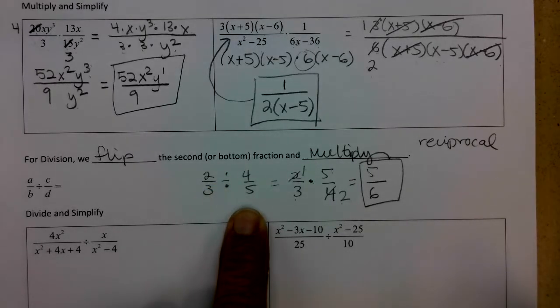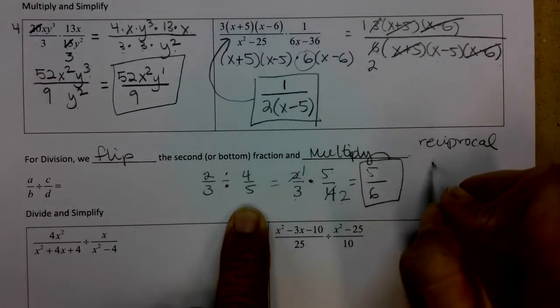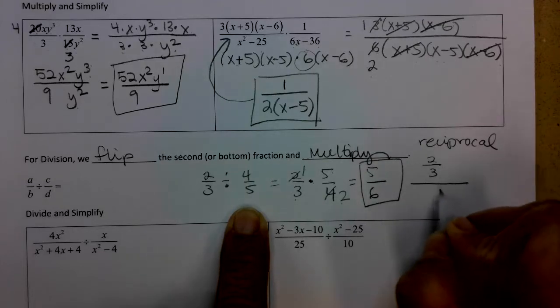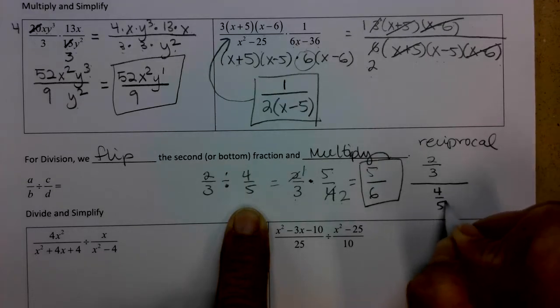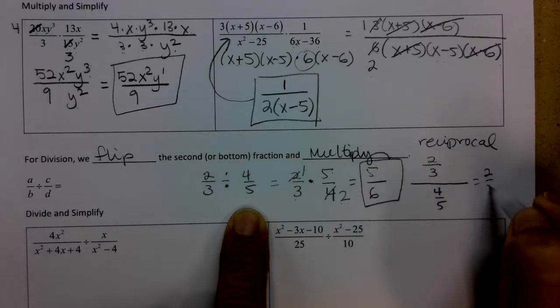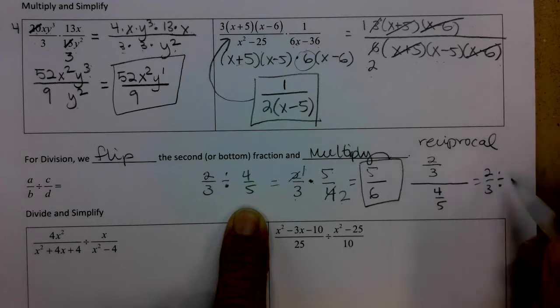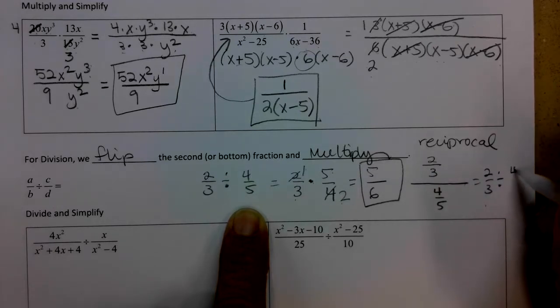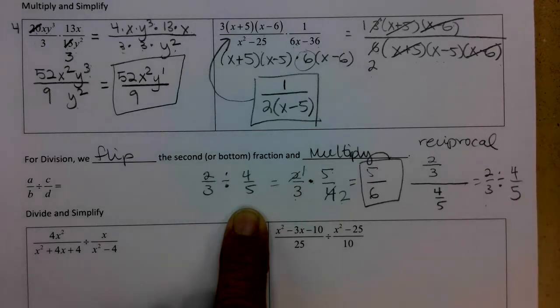So this 2/3 divided by 4/5, I could have written that stacked, 2/3 over 4/5. This is the same thing as writing it horizontally, 2/3, the numerator goes first, divided by 4/5 at the bottom.